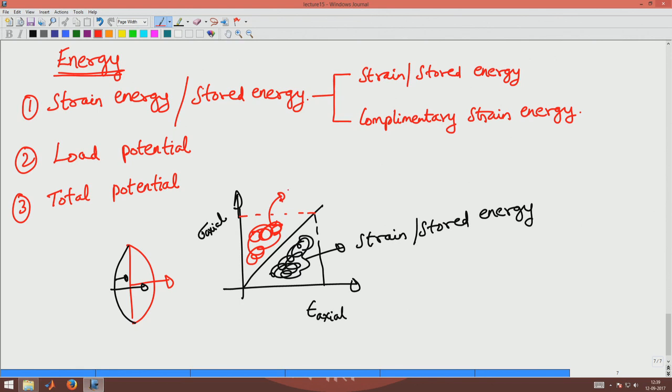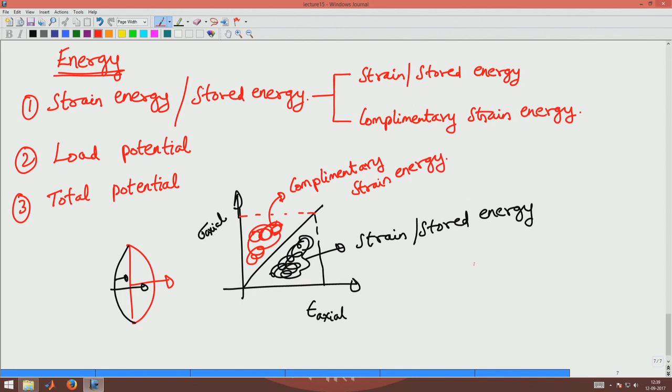This is called as complementary strain energy. Okay, it is called as the complementary strain energy. Now, for a straight line there is no difference between complementary strain energy and strain energy, right, because it is a straight line, this half times sigma times epsilon, the area remains the same. Okay.